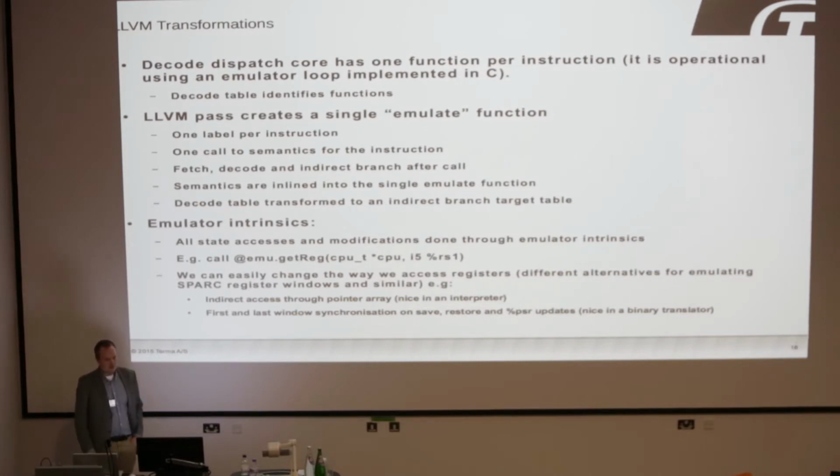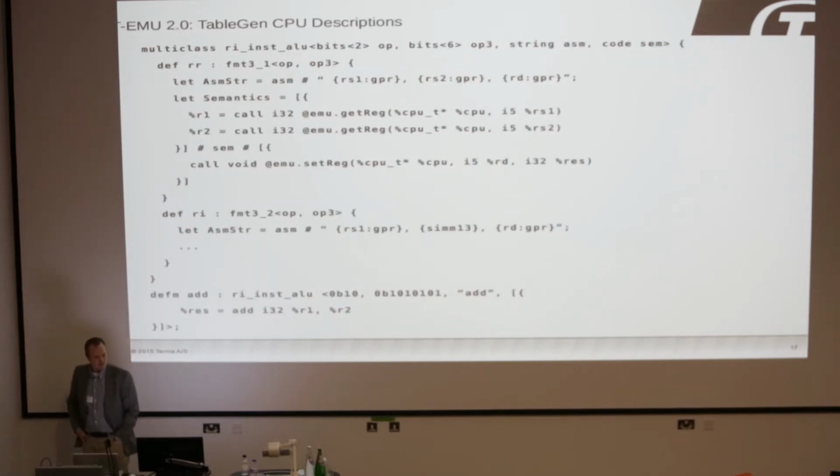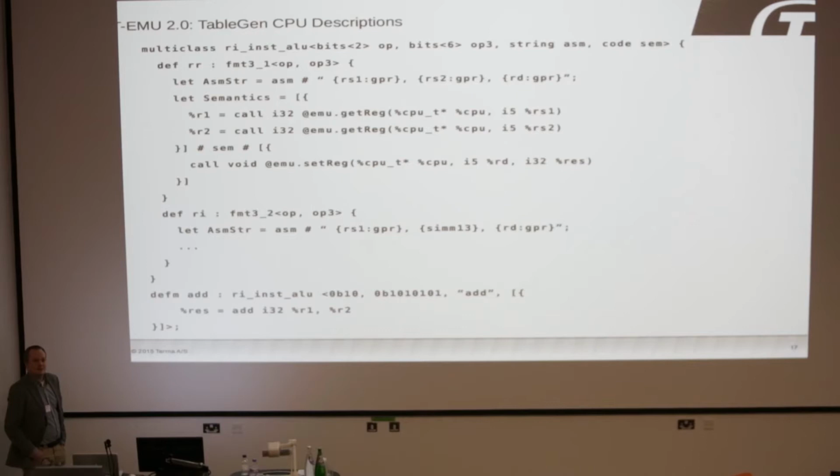We can also easily change the way that we access registers, because different methods of accessing register state may be needed depending on if you're an interpreter or a binary translator. So this is what it looks like. There's some duplication because we're describing the same instructions as done in the LLVM sources.